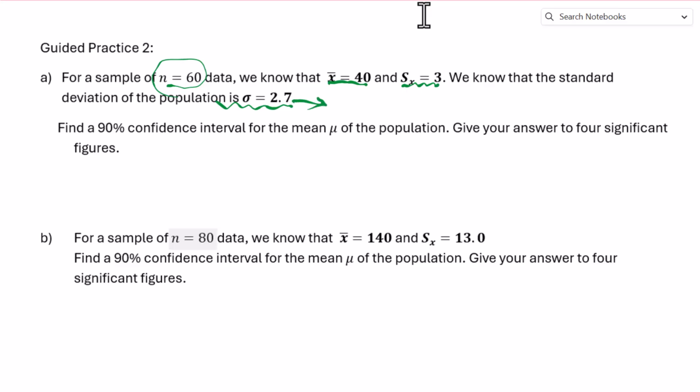This means we will use Z interval or Z-test. Find a 90% confidence interval for the mean mu of the population. Give your answer to 4 significant figures.